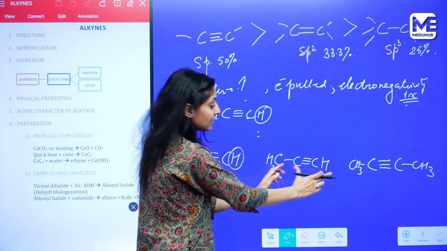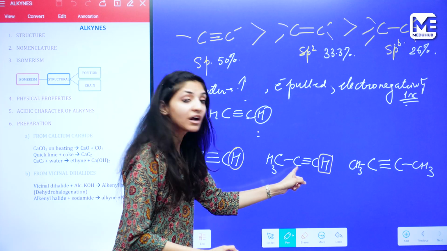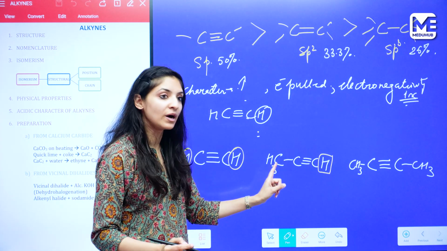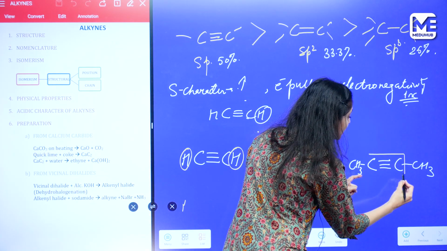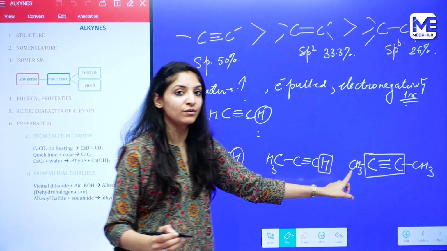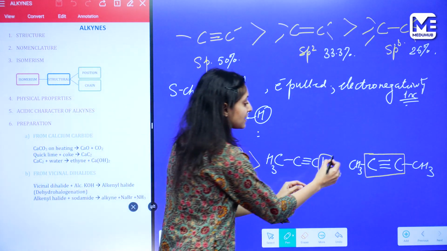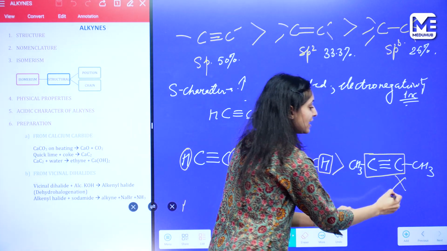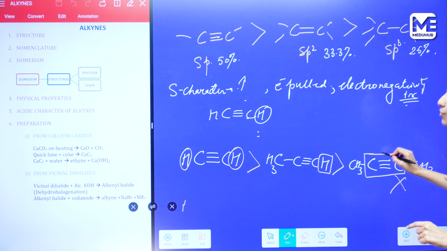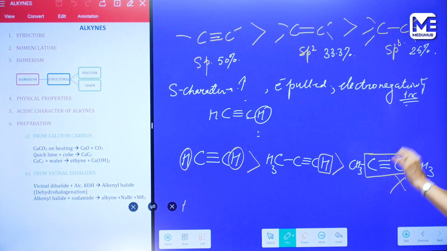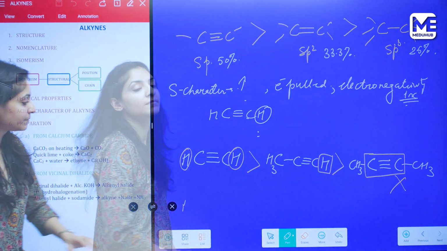Here in this alkyne we have only one hydrogen which can be released as a proton. In this case, the triply bonded carbons are not bonded to any hydrogen. So the acidity is the maximum here, it's less here, and this is not acidic. So this isomer of butyne will not give this reaction with sodium or sodamide, right?